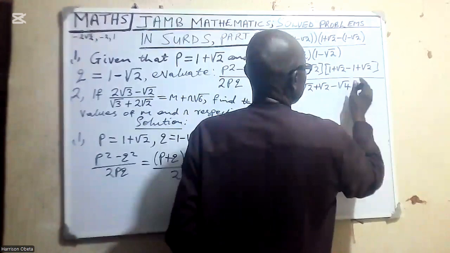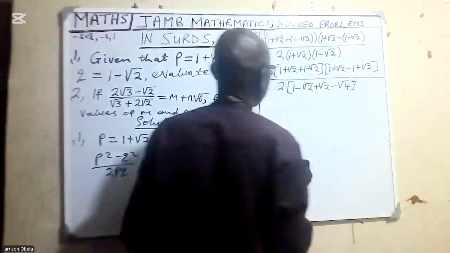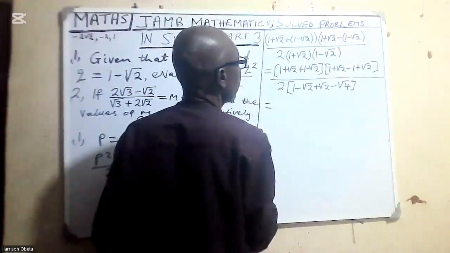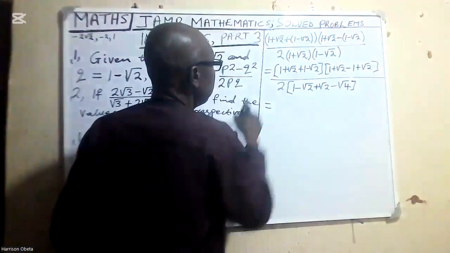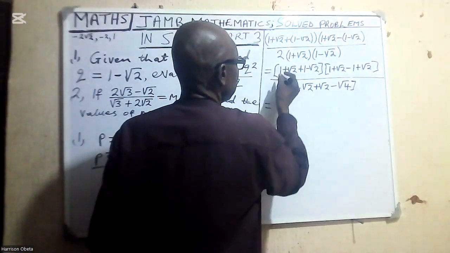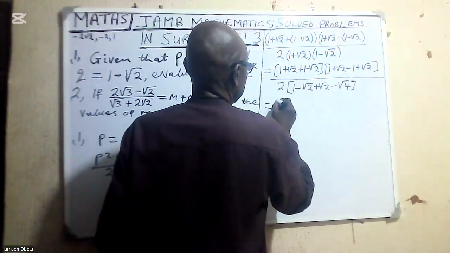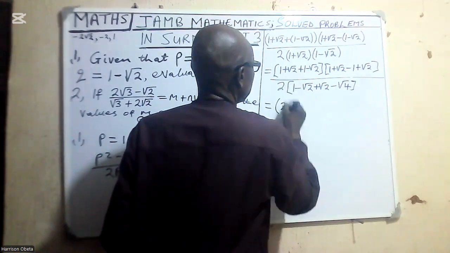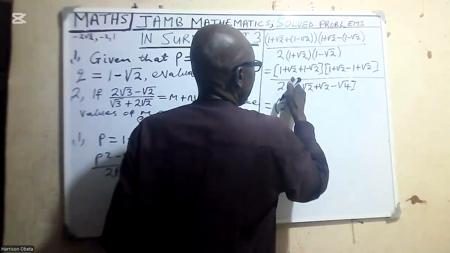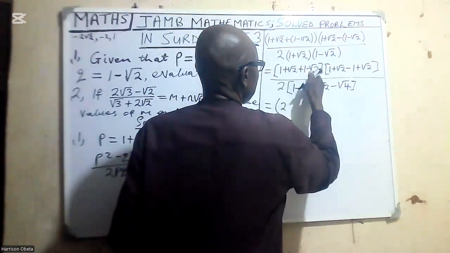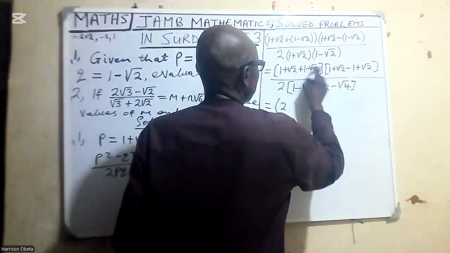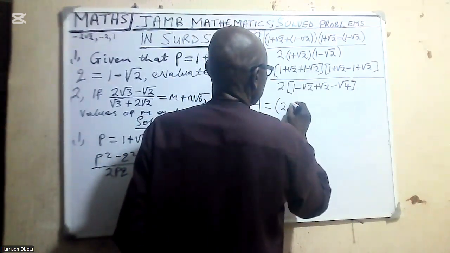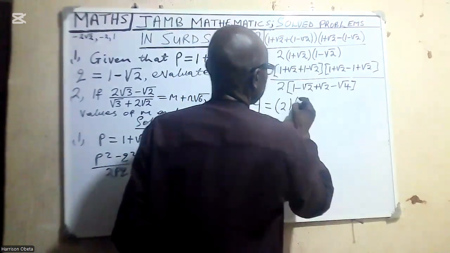Okay? So, moving on, that will give us this and this, to give us 2, that's 1 plus 1. And then root 2 minus root 2. These two will disappear. So that will be 2 brackets.